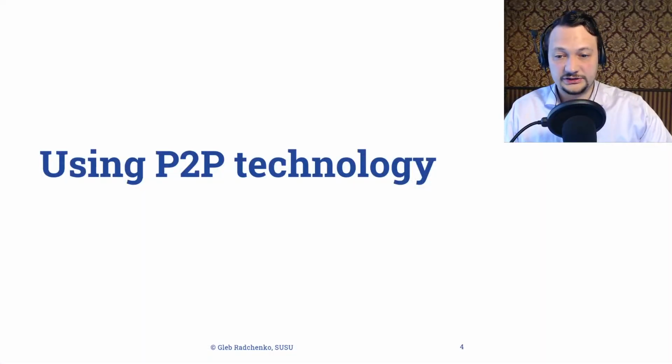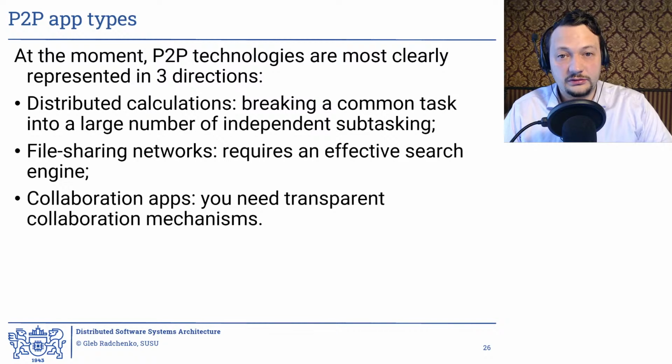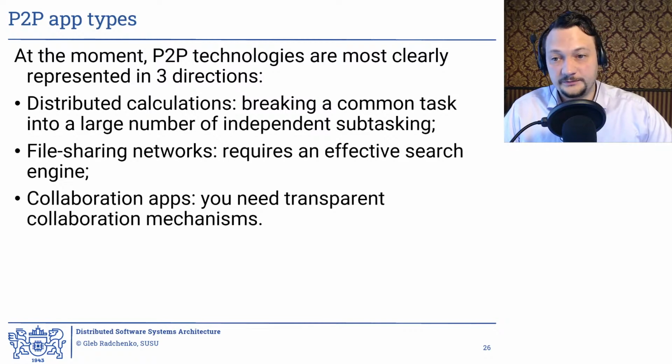So let's go to the presentation and discuss the usage of peer-to-peer technology. If we cover the main utilization mechanisms, what applications are using peer-to-peer technology to provide their services, we can identify at least 3 types of applications that benefit from these technologies.